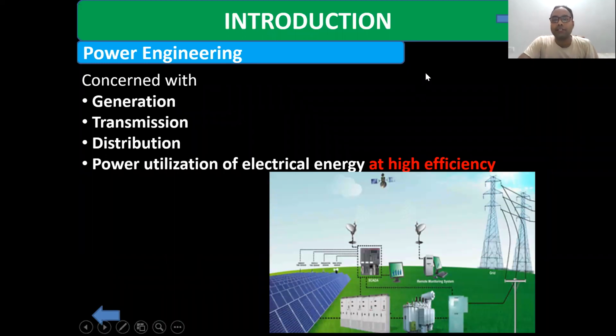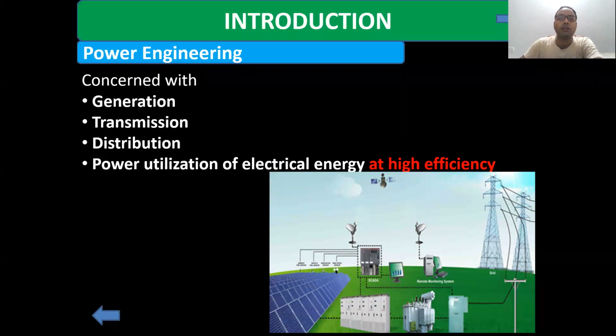Power electronics engineering consists of power engineering and electronics engineering. Power engineering means the generation, transmission, distribution, and utilization of electrical energy at a high efficiency. Why do we require high efficiency?